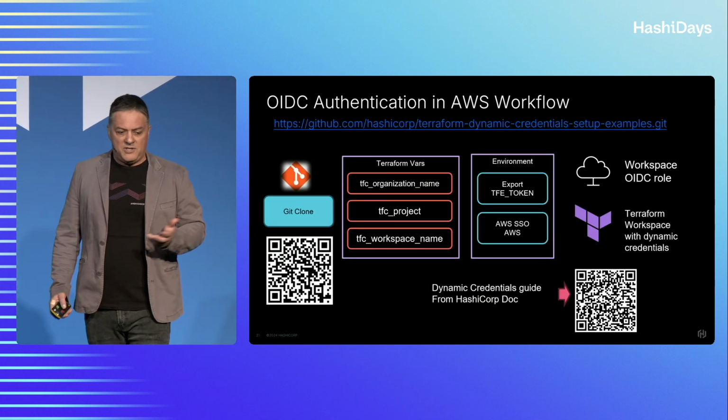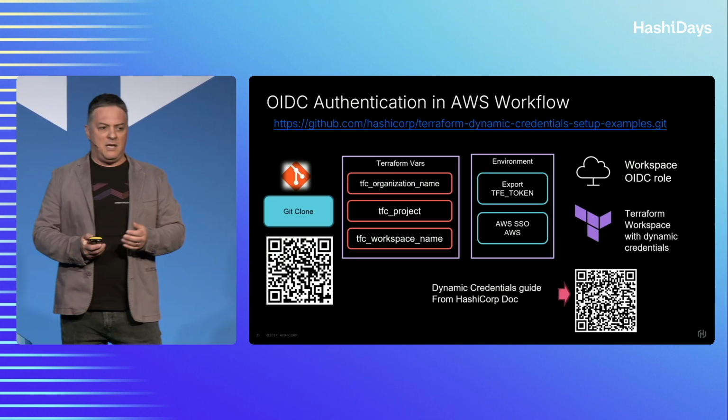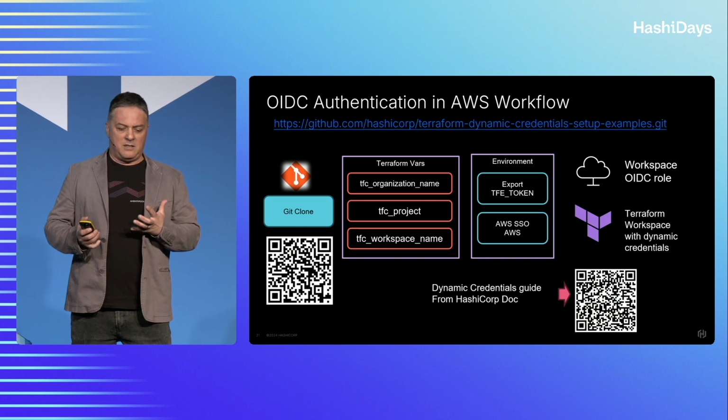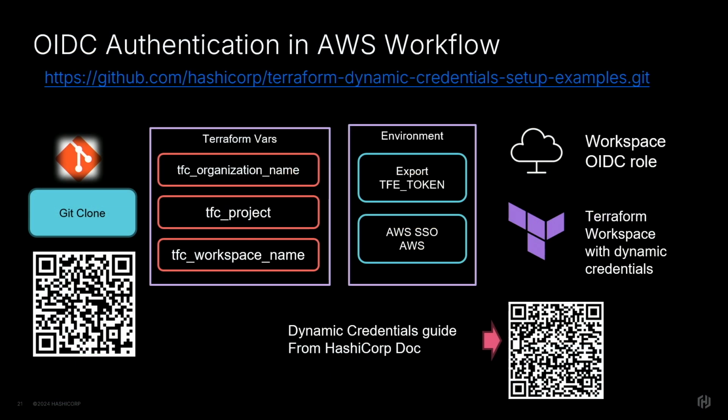So where to start? OpenID could sound a little bit complex, but there is an easy way to implement it. This is an example using a GitHub repo that is officially handled by HashiCorp. You can find the ways to dynamically handle credential setup using Terraform.